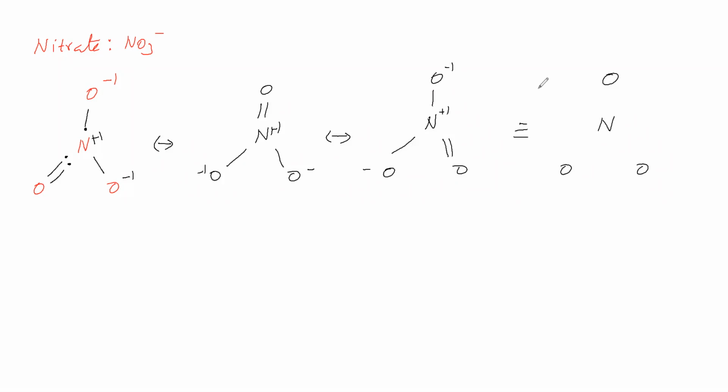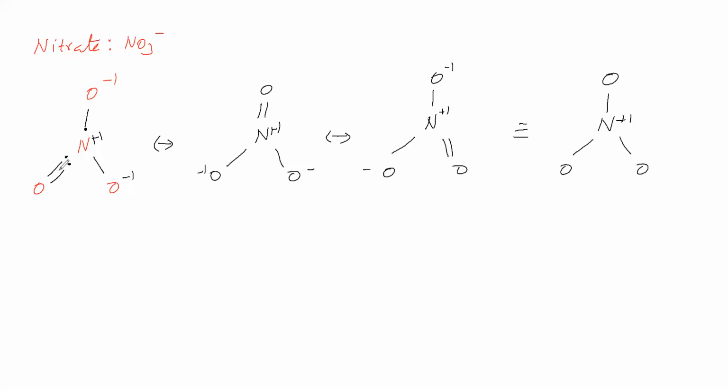Now we will go for the resonance hybrid. The central atom nitrogen has plus 1 in all the cases, therefore we will give plus 1. The central atom nitrogen is making sigma bonds with all the oxygen atoms, so we'll write sigma bonds.